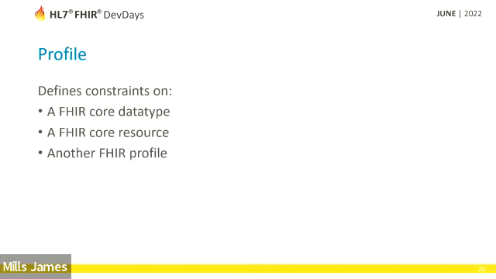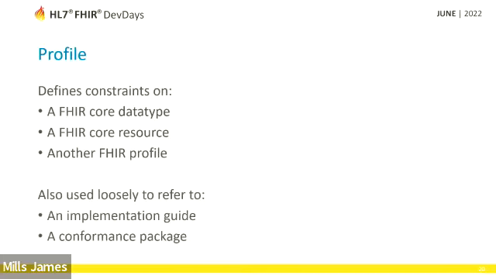So let's dive a bit more into profiles and extensions. A profile defines constraints on either a FHIR core data type, a FHIR core resource, or it could also be based on another profile.